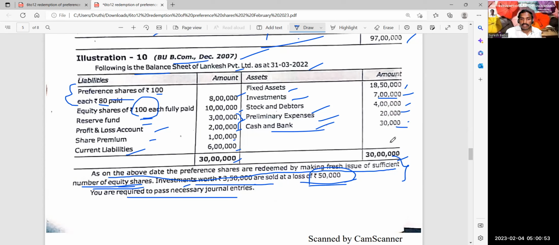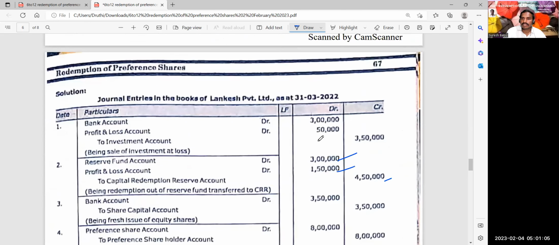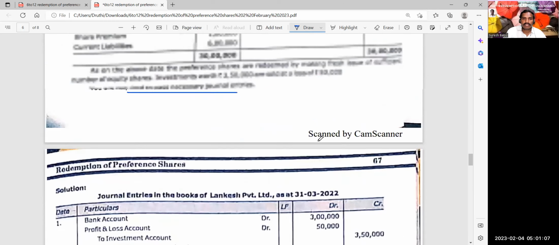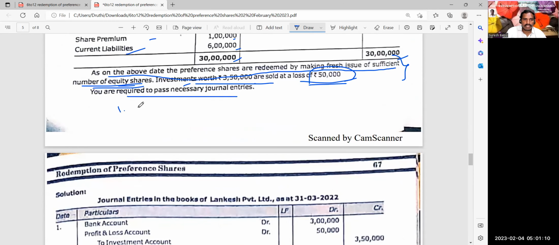So how has it to be rectified then? What this author has done, partly paid up preference shares cannot be redeemed at all. So here he has missed. According to this, we'll alter the first journal entry.